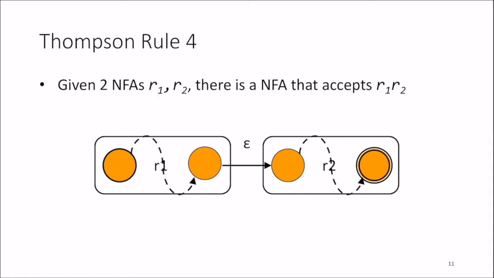The final state of R1 should no longer be the final state, because it should finish with the strings from R2. So I remove that notion, and it just becomes an ordinary state. And the start state of R2 again becomes an ordinary state. It's no longer a start state, because the start state is over here with all of the strings from R1. So it's really straightforward to combine them, and the key is to combine them using the empty string, the epsilon move.